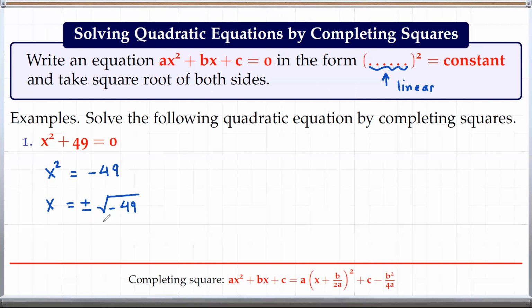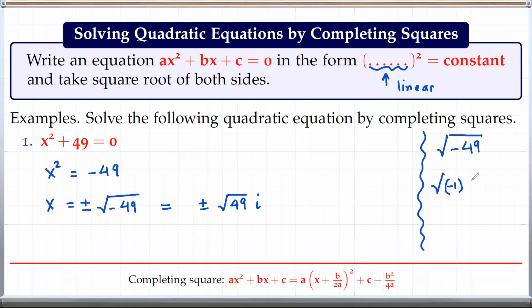Now we can simplify this a little further, because whenever we have square root of a negative number, we get an imaginary number. If you recall our discussion about imaginary numbers, whenever we have square root of a negative number like this one, we can write it as square root of negative 1 times 49.